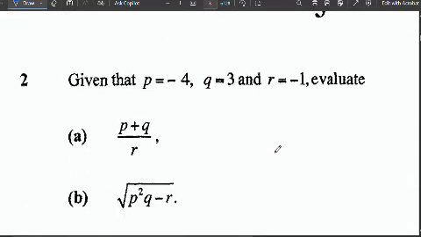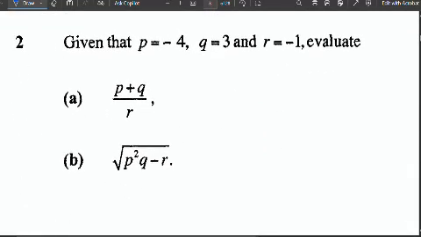Then the next equation, number 2. Given that P is equal to minus 4, Q is equal to 3, and R is equal to minus 1, evaluate P plus Q over R. Our P, it's minus 4, plus Q, which is 3, over R, which is minus 1.